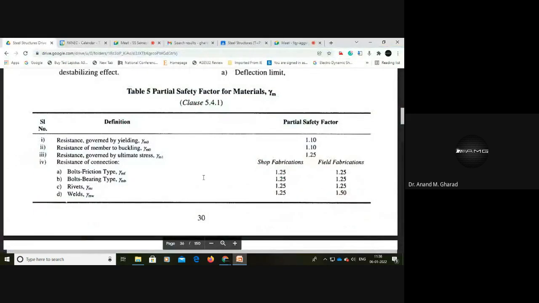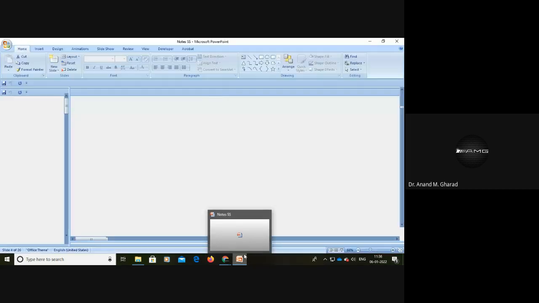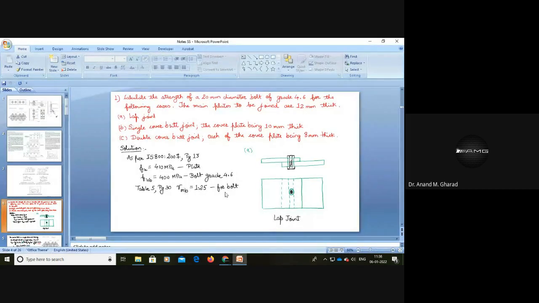You can write down assuming the fabrication to be done on the field. Based on that, gamma MB value will be 1.25. So have you understood this part? Yes, please let me know.